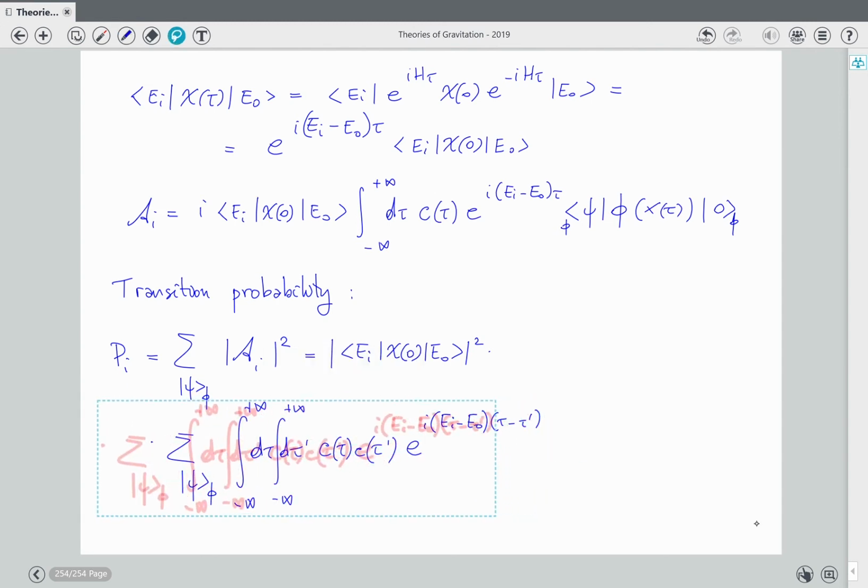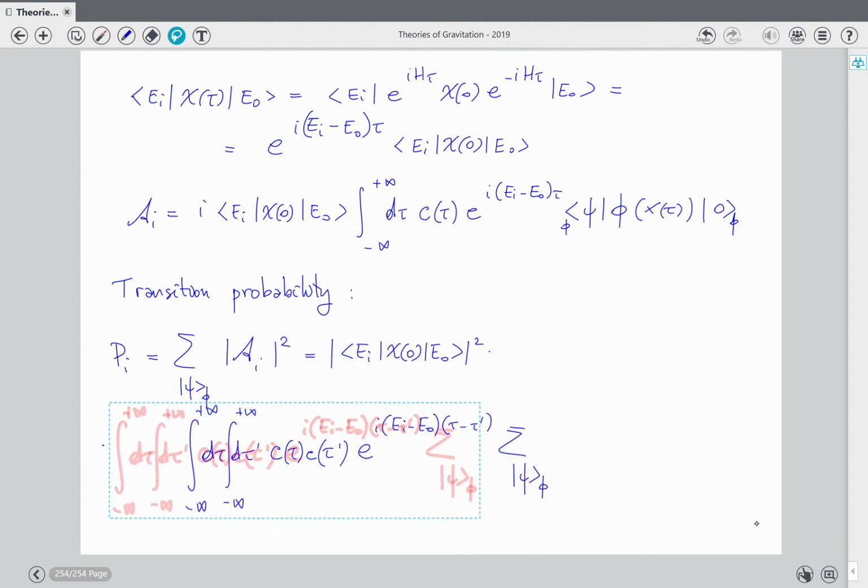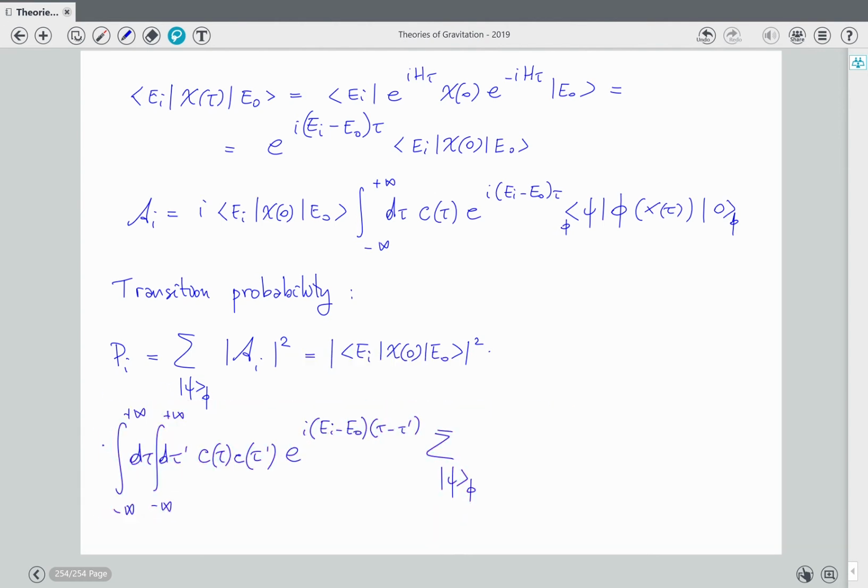And actually, everything we have written so far does not depend on psi, so we can even move the sum there. And we will remain with the sum of what? That thing. So let's see if we have enough space.